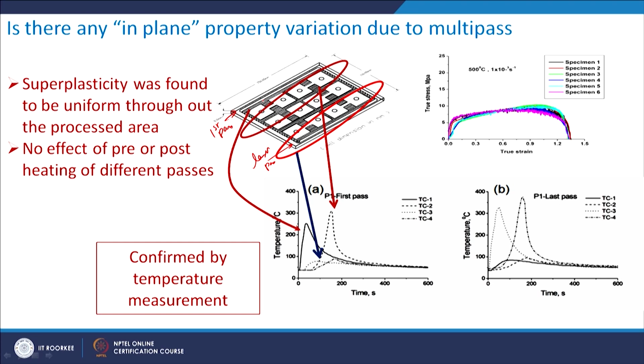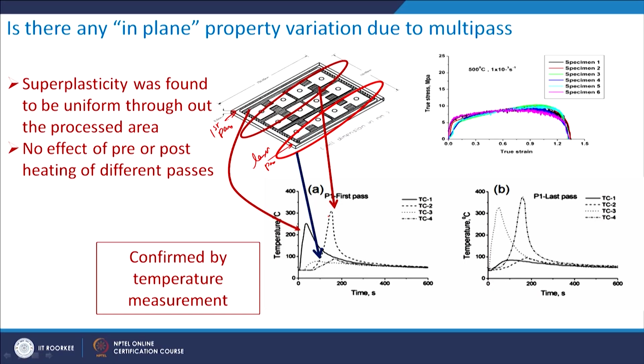So, what will be the effect of these individual passes on the microstructure of the material, whether the microstructure is changing or the properties are changing. To do that, first we measure the temperature rise when you are doing FSP. Suppose the pass has started from here and is going in this direction. A thermocouple placed here measures the temperature.